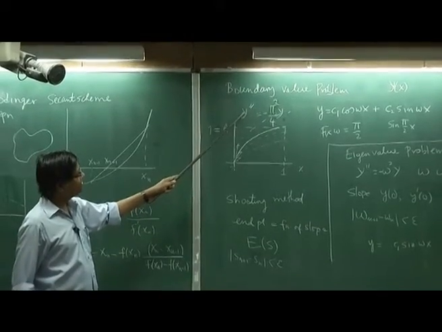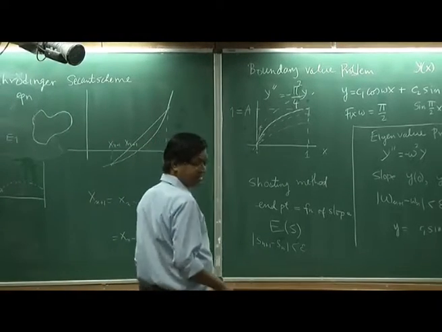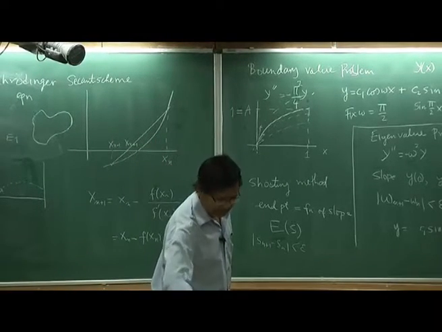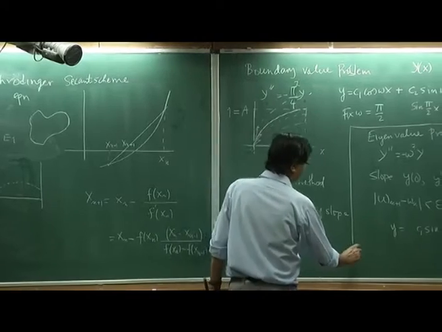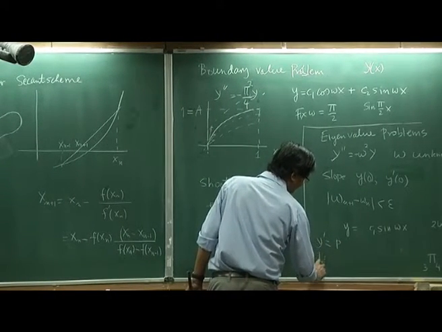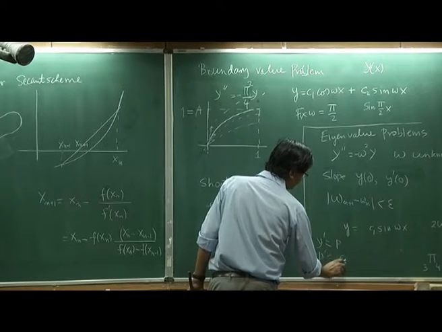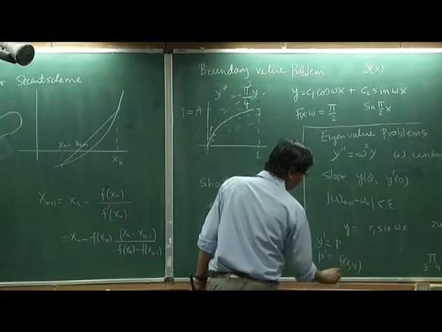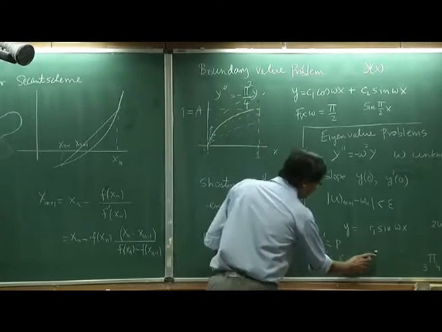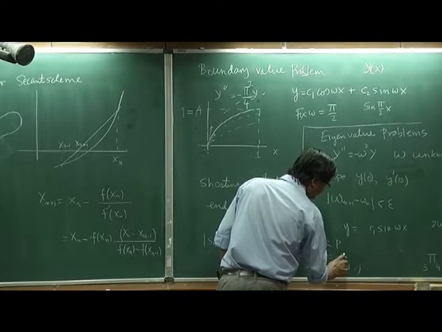Second order equation means, if I want to solve it numerically, it has to be broken into y prime equal to p and p prime equal to f of y, p, which is here minus pi squared by 4.